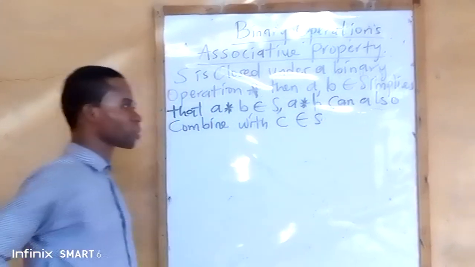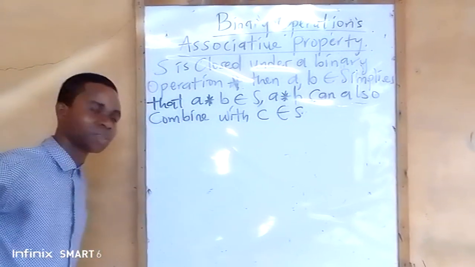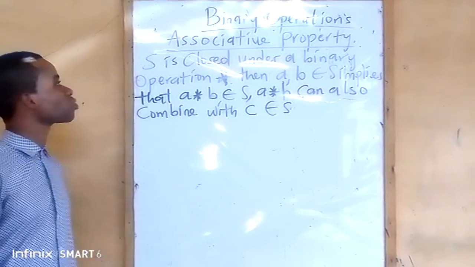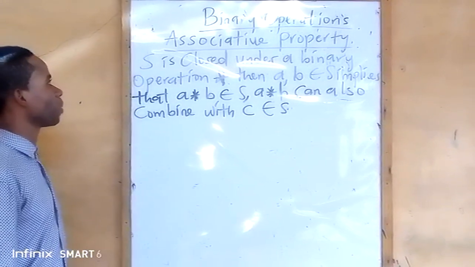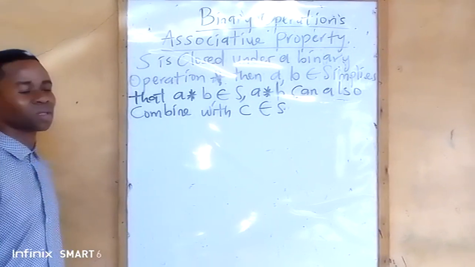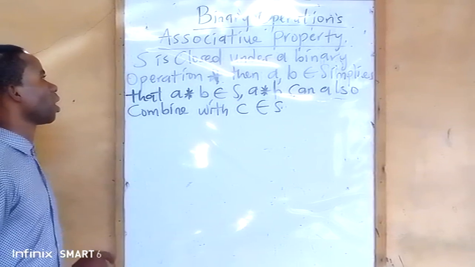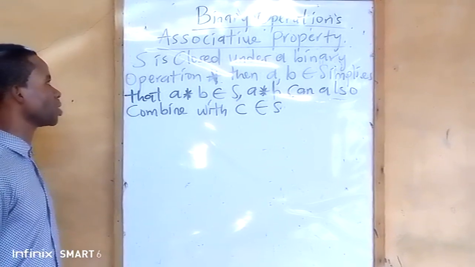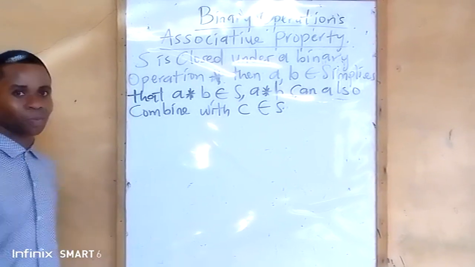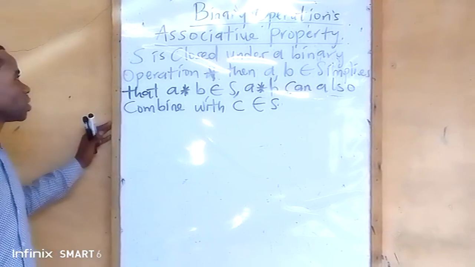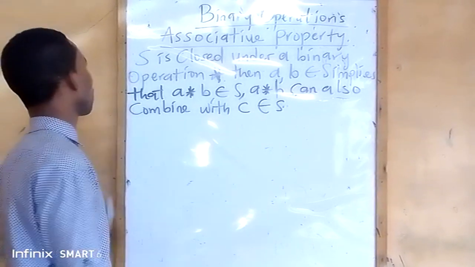Now let's check associative. Don't forget to define binary operations. I said binary operation has many properties. We've talked about the closure property and the commutative property, and now we will talk about the associative property.